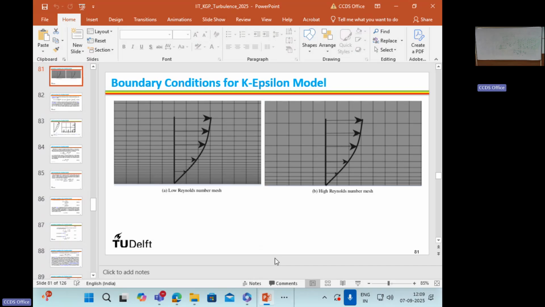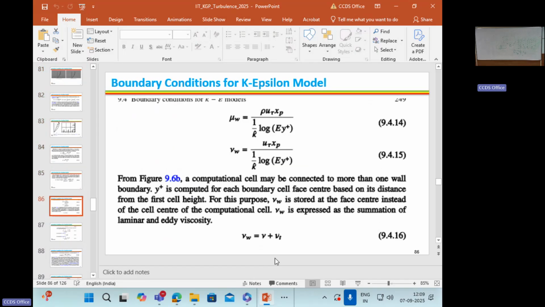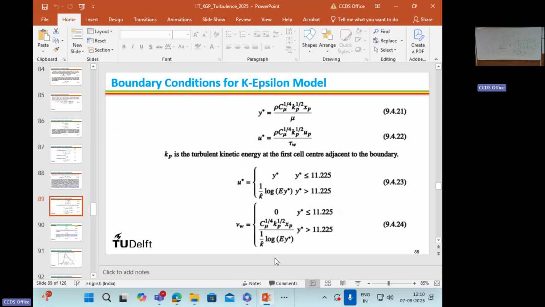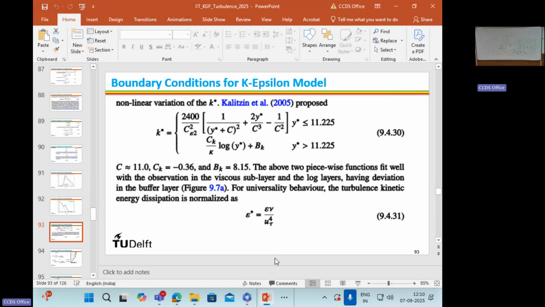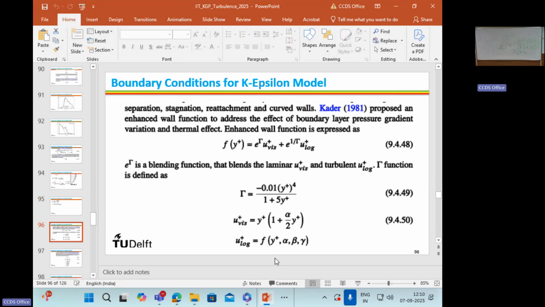To honor the wall effect, near the wall the flow should be laminar in the viscous sublayer. To honor that effect, epsilon is not defined adjacent to the wall, so it must vanish, right? To honor that effect, they put some additional damping function over epsilon so that it vanishes by the time the flow approaches the wall.